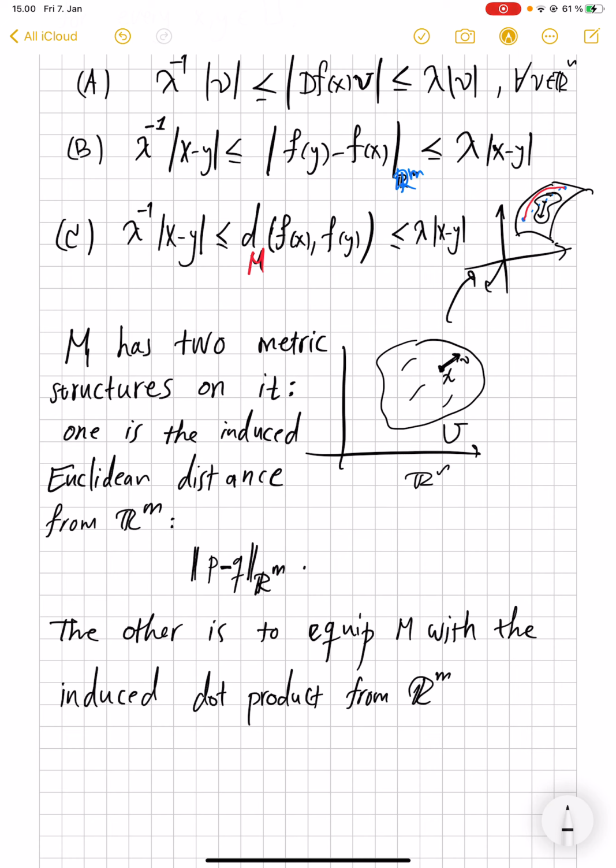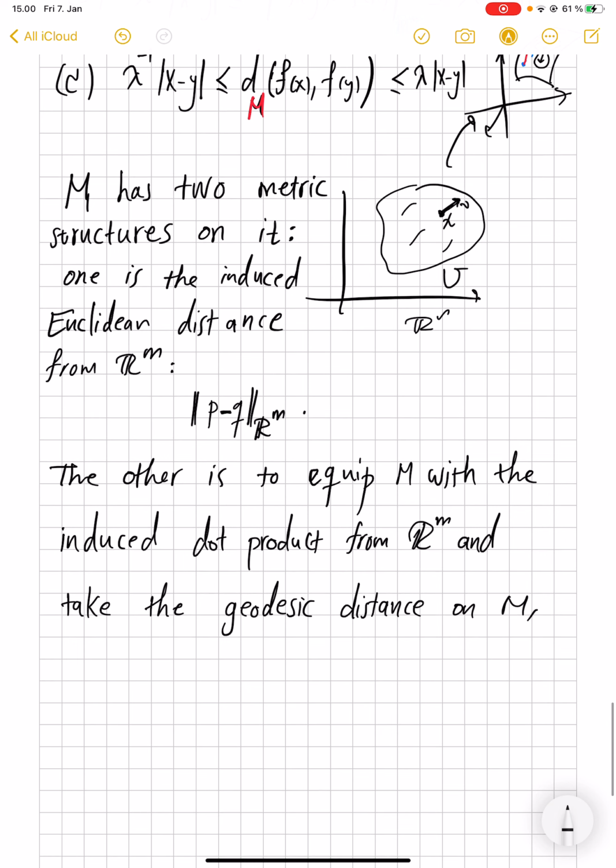So here the metric means Riemannian metric, and take the geodesic distance on M. So dM(P,Q) is the infimum of the length of gamma, where gamma is a path that joins P to Q, piecewise C1, or just C1.